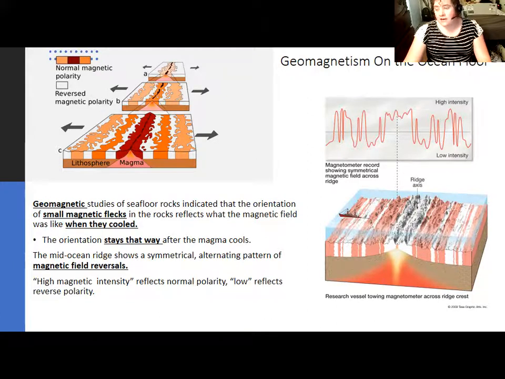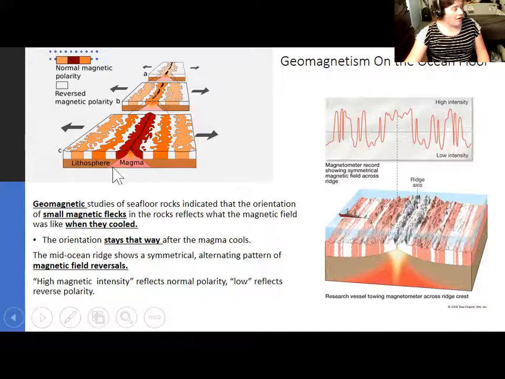Now, Earth's magnetic field flips periodically, and so when Earth's magnetic field flips completely, the iron is going to point in a different direction, but only if it's in magma. If the iron has already solidified in the solid cooled rock, it will retain its original orientation. So that's kind of what this stripy pattern is.